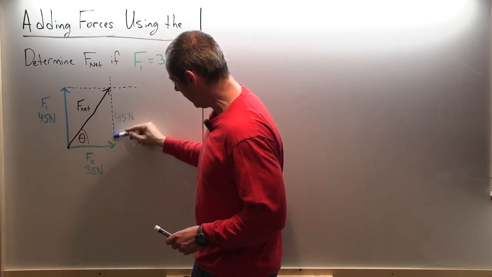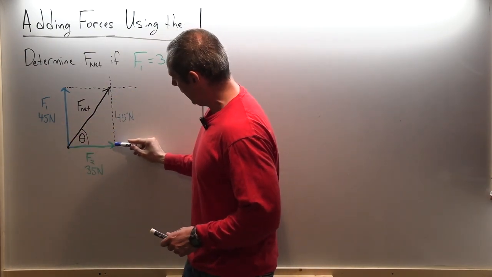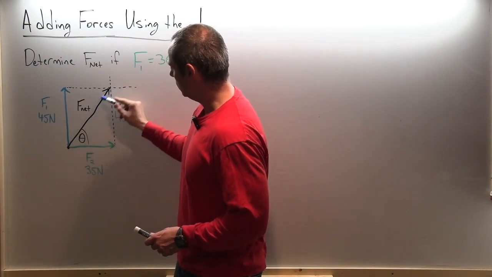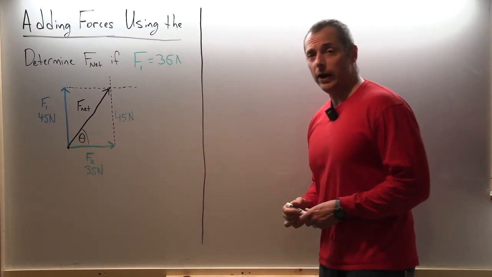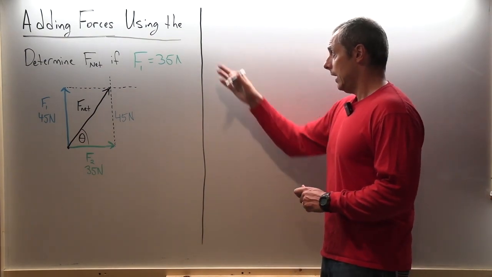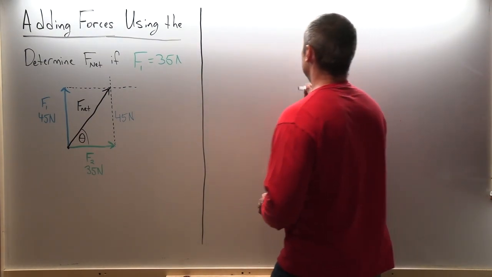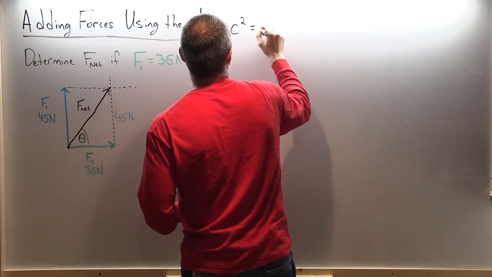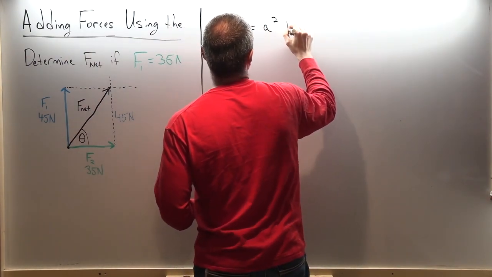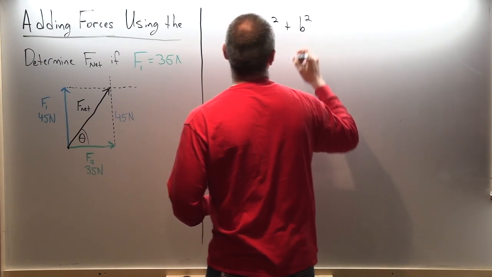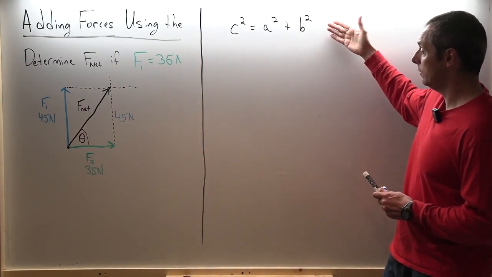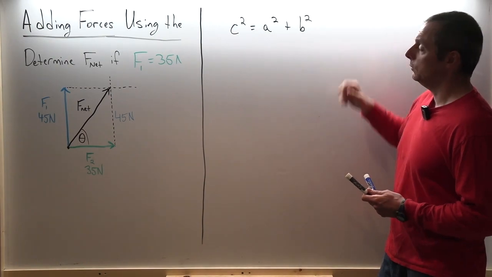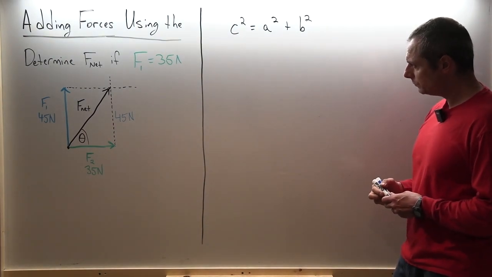So I've got 45 on one leg of my triangle and 35 on the other, and this is my hypotenuse. To find the hypotenuse of a right triangle, you could use the Pythagorean theorem. And again, in Regents, you need to write out a formula before you begin your calculations. Always the formula has to be written first. So I start with c squared equals a squared plus b squared.